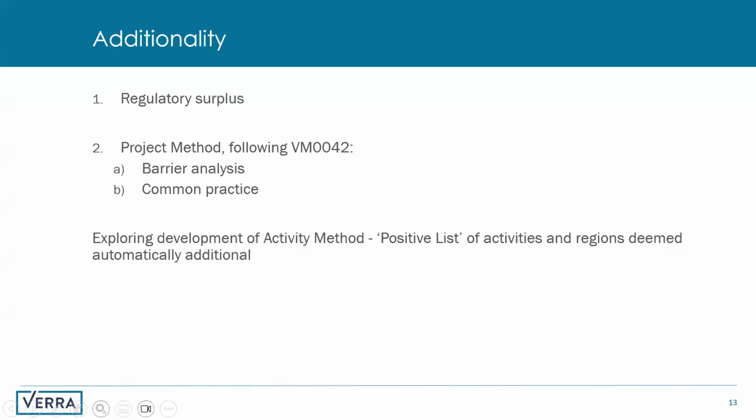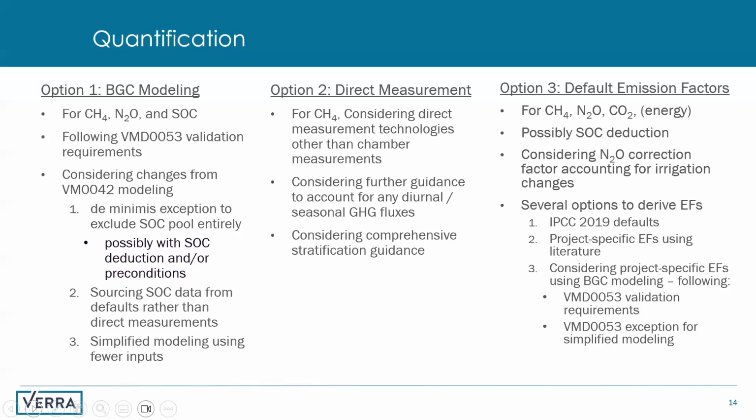This may or may not be successful, and as a fallback, we will have the VM42 project method. So we know with clarity that that's what we're going to have, and then we'll continue exploring this second option. I think we can move to the next slide, please.